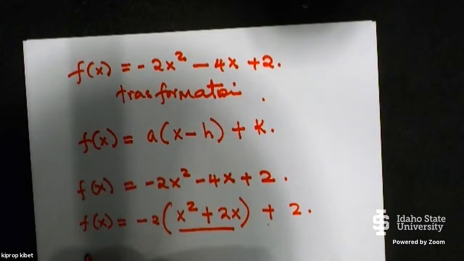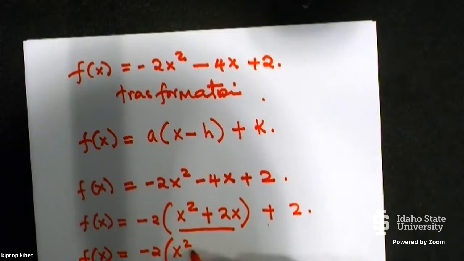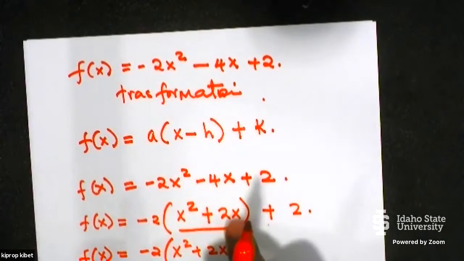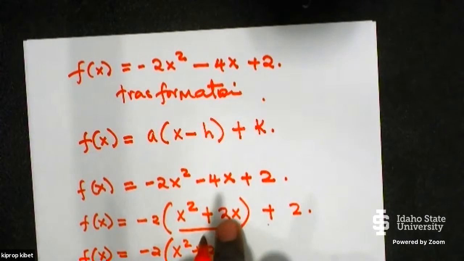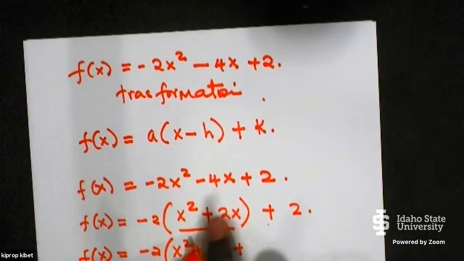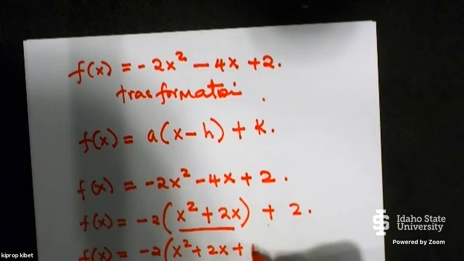So f of x equals minus 2 brackets x squared plus 2x plus, what? You take the coefficient of x and then you square. The coefficient of x here is 2. Half of this is 1. And then you square, so when you square 1, you get 1.